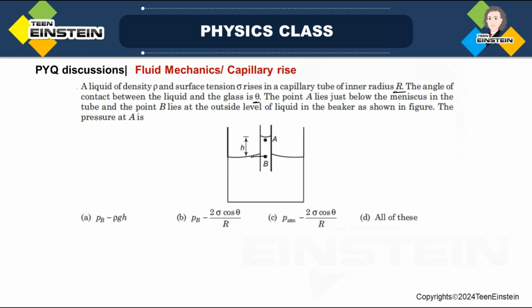So this much is actually H rho G. This is actually pressure at B. The question is, how much will be the pressure at A?